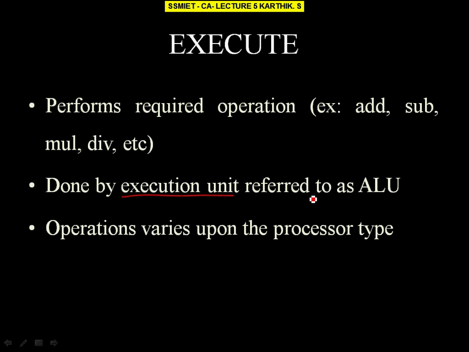We always call the execution unit the ALU, arithmetic and logic unit. It is the unit responsible for performing all the arithmetic and logical operations. The operations vary upon the processor type. Each processor has its own variety of operations that we will be discussing in later video sessions.